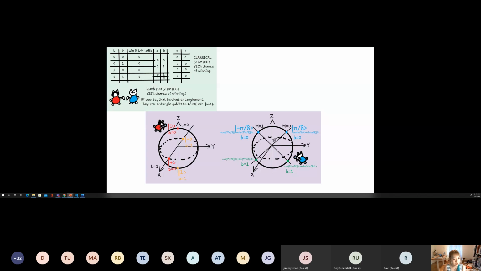So let's pick a place on this table. You should try all of these cases, but let's pick one. We know that this one is the hardest to guess, so let's just pick this one. In this case, Alice has L equal to 1. So she would measure along this axis, and say she gets a plus and she reports A equal to 0.